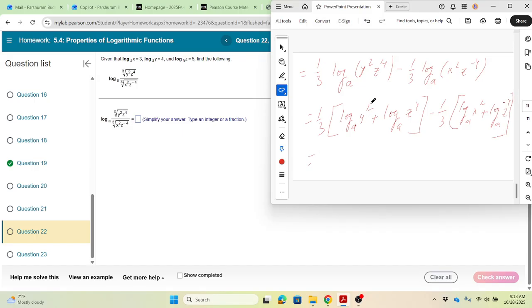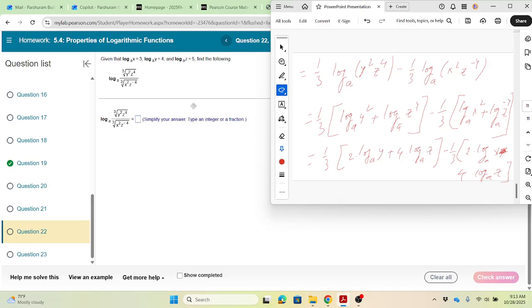We can further use the power rule, and we can say this is 2 times log base a y plus 4 times log base a z, minus 1/3 of 2 times log base a x plus this -4 comes in the front, and it will be -4 log base a z.